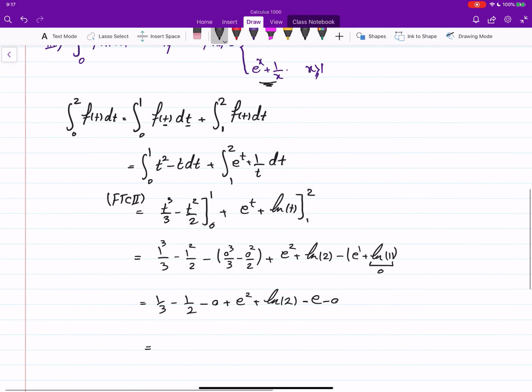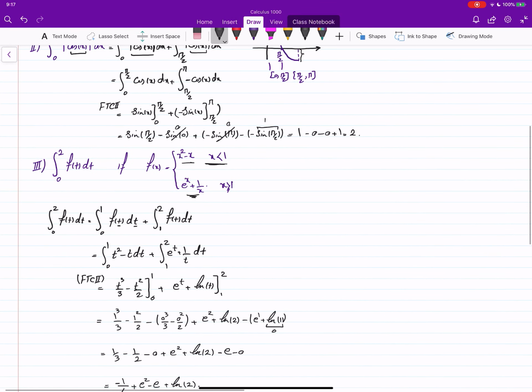You can write it in different ways. For example, 1 over 3 minus 1 over 2 is 2 minus 3 over 6, which is negative 1 over 6, plus e squared minus e plus ln 2.